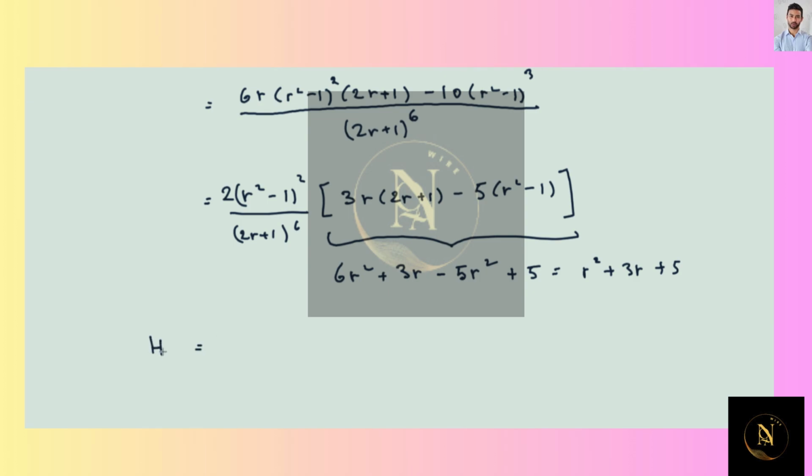So our derivative of h with respect to r simplifies to 2 times (r squared minus 1) to the power of 2 times (r squared plus 3r plus 5) divided by (2r plus 1) to the power of 6.